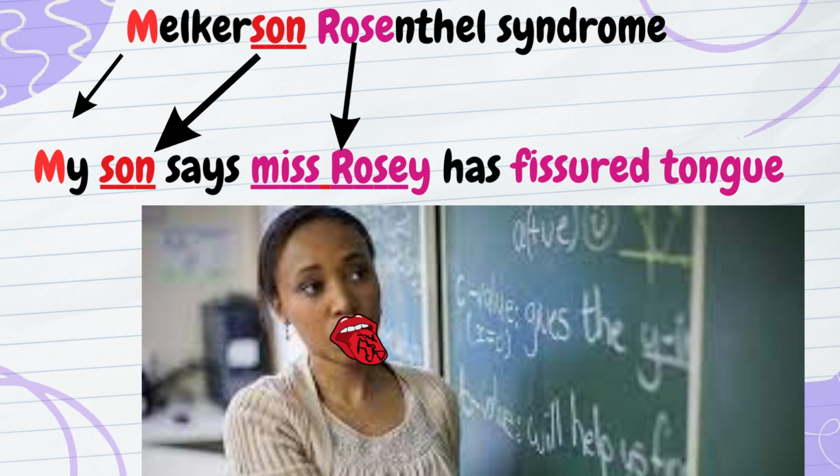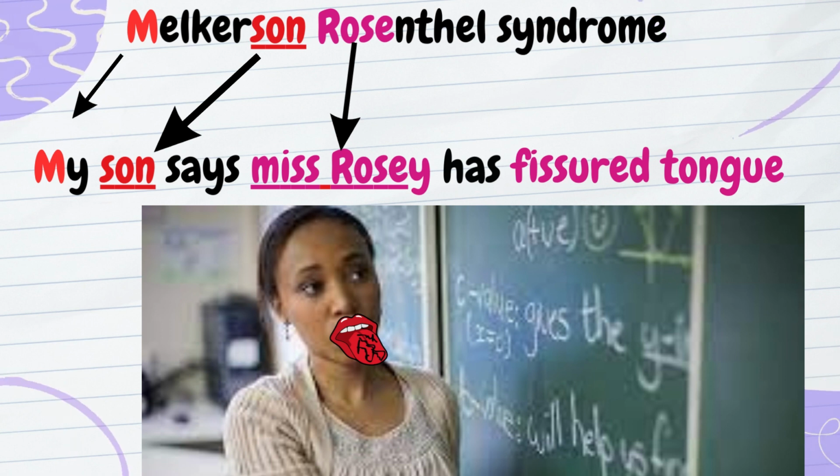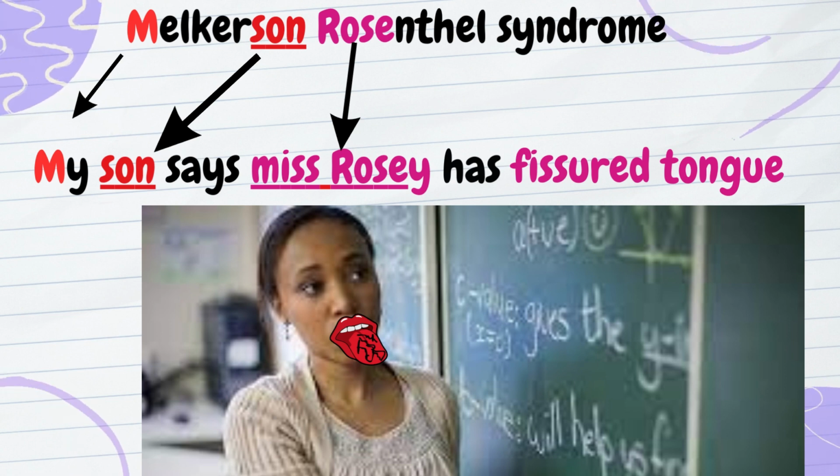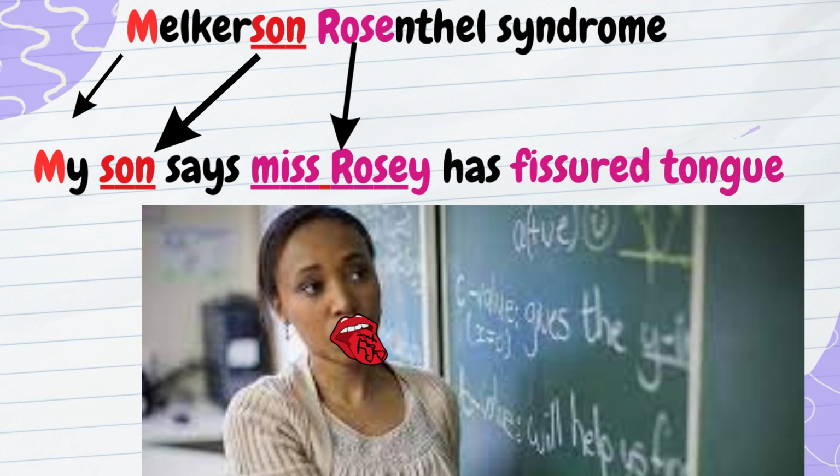M you can associate with: My son says Miss Rosie has fissured tongue. So M for my son says, Rosie for Rosenthal, Miss Rosie. Miss Rosie means our last syndrome, that is Melkersson's syndrome. So you will associate this very well.